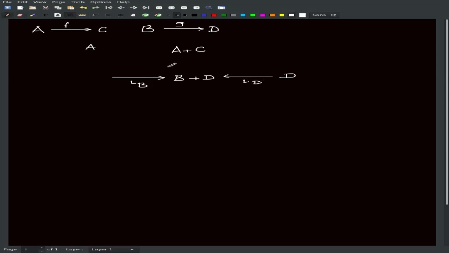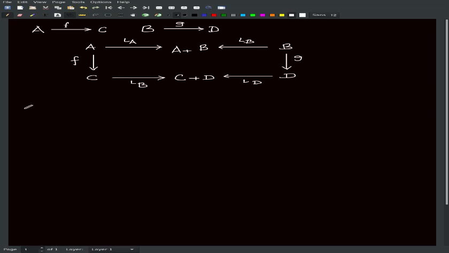Sorry, it is A plus B, C plus D. Okay. So this is the initial diagram. Now remember a property of this.